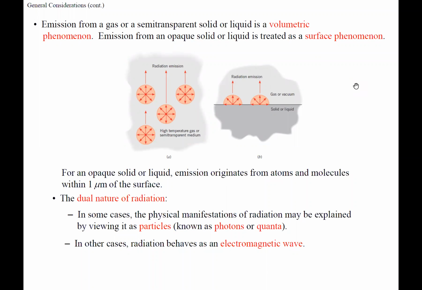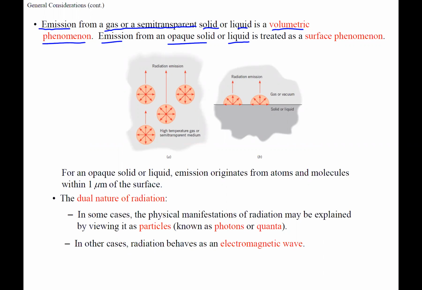All right, so when we're talking about emission from a gas or a semi-transparent solid or liquid, we can look at it as a volumetric phenomenon. Okay, so think about a gas. If it's emitting, you could easily think about that as volumetric. But if we're looking at emission from an opaque solid or liquid, so that table I'm talking about that you might be sitting at, if it's a glass table, then now you have some transparency there.